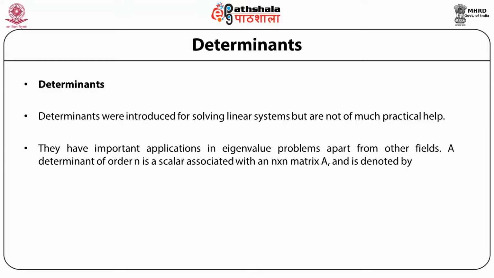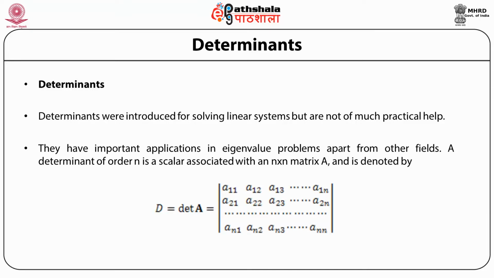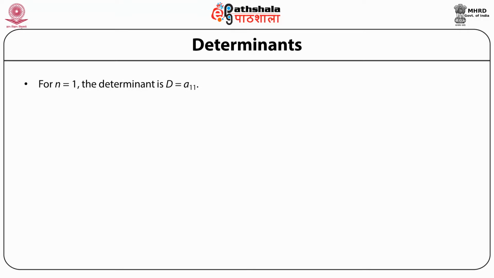A determinant of order n is a scalar associated with an n cross n matrix A and is denoted by D equals determinant of A, which equals the determinant of the matrix with the first row being a11, a12, a13 and so on till a1n, the second row being a21, a22, a23 and so on till a2n, and similarly the last row being an1, an2, an3 till ann. For n equal to 1, the determinant is D equals a11.